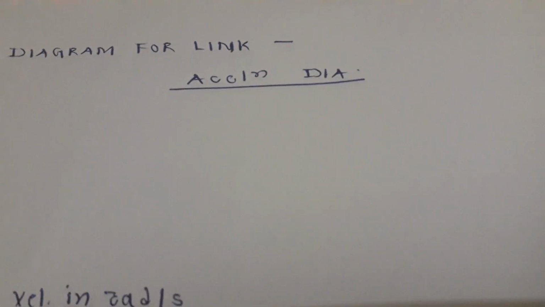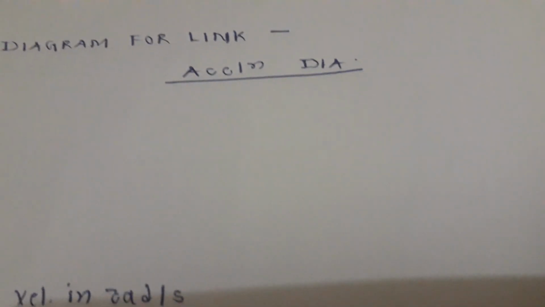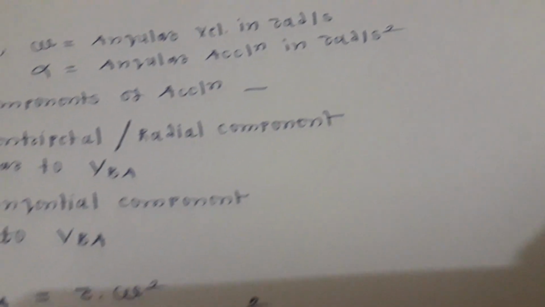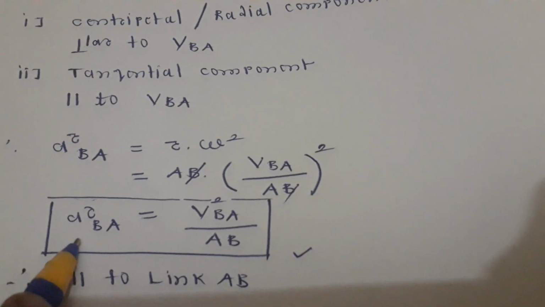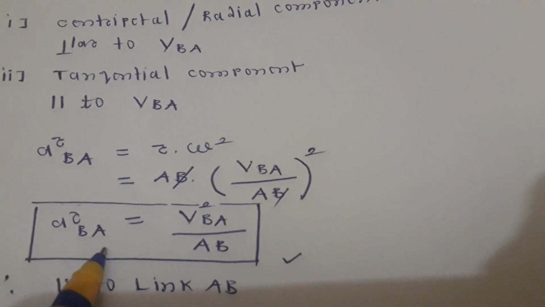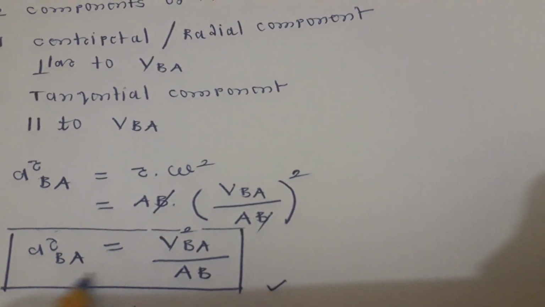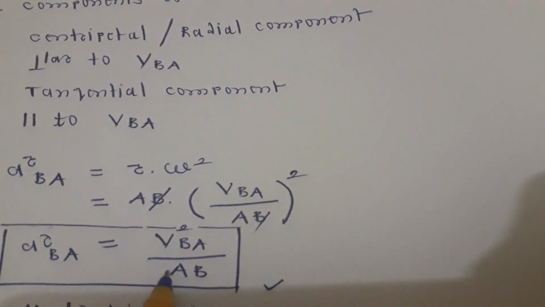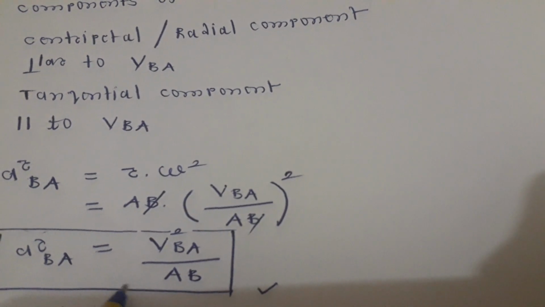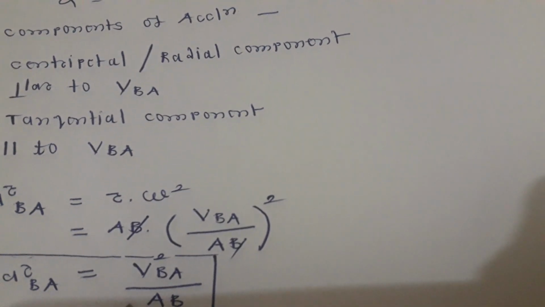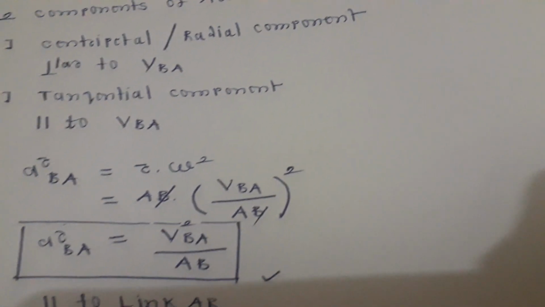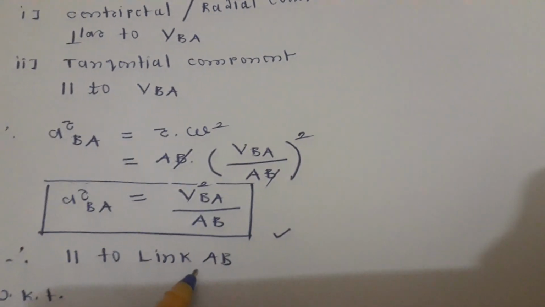First we start with the magnitude of the radial component of acceleration of B with A. As we know the magnitude from here, with some suitable scale we consider that as the magnitude, and the direction is parallel to the link AB.